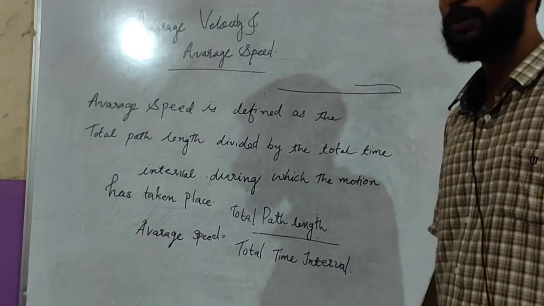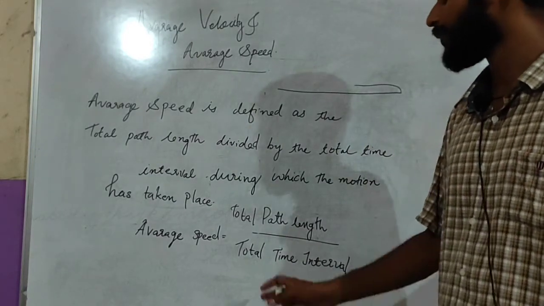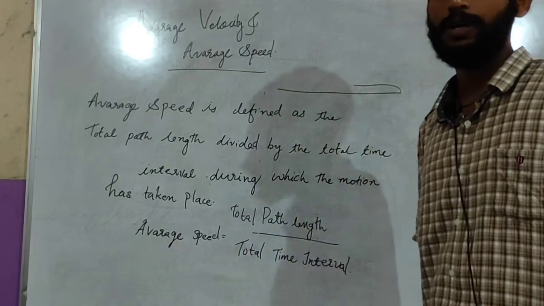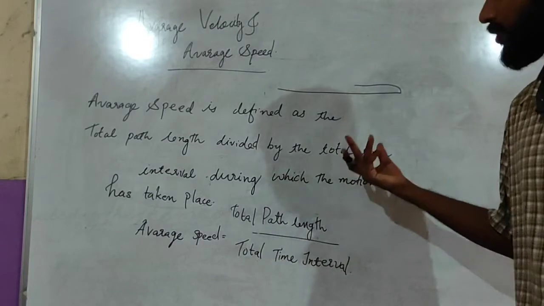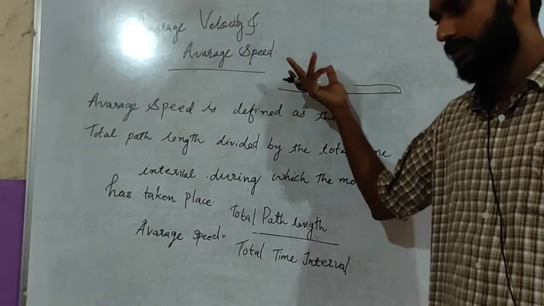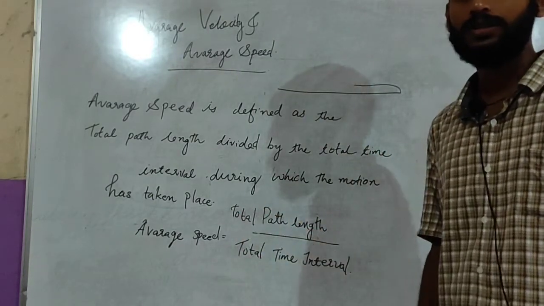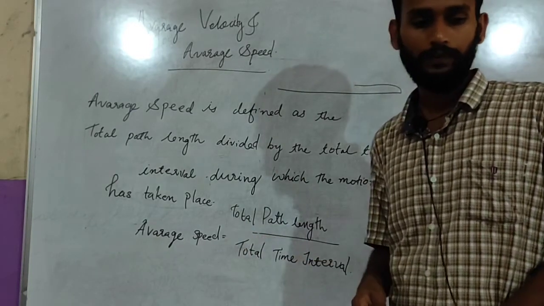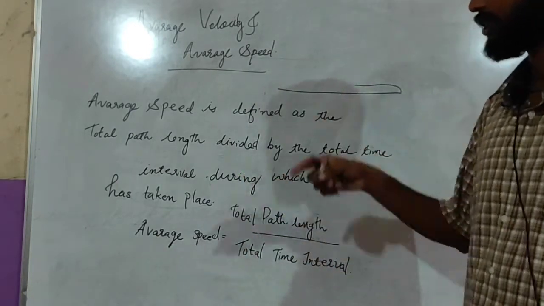Then the values will change. The magnitude of the average velocity will be lesser than the magnitude of the average speed if the direction is changing.